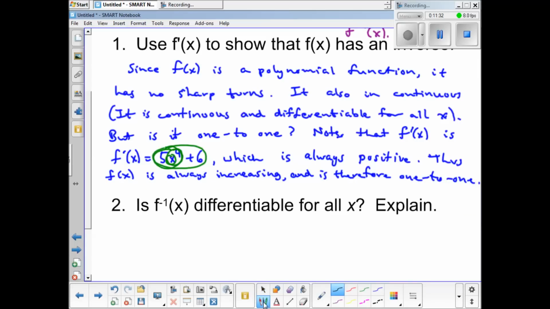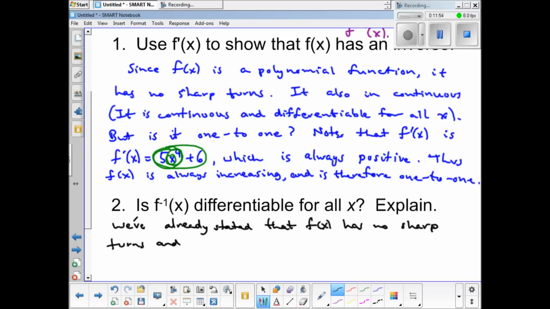In order for it to be differentiable, it cannot have any sharp turns or corners. We've already stated that f of x has no sharp turns and is continuous.